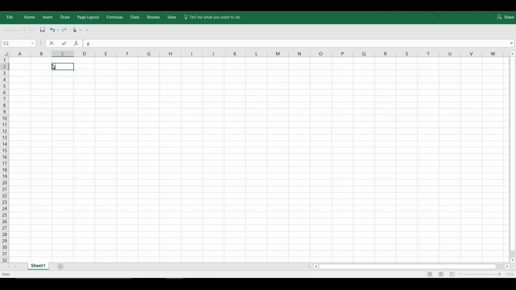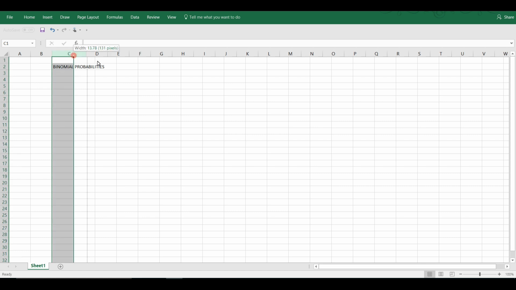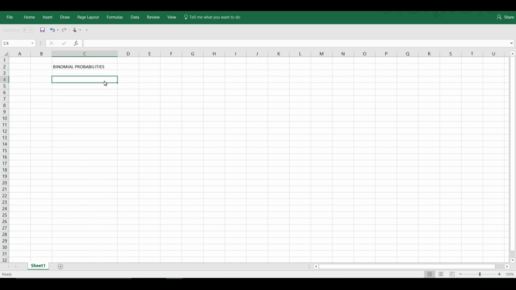Let's type in a title, binomial probabilities. Okay, and I'm going to put a title here, data. And then we can type in sample size, which is the same thing as n, and the probability of the event happening, or of the success, and that is p.